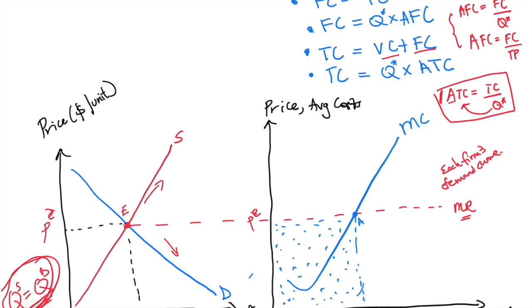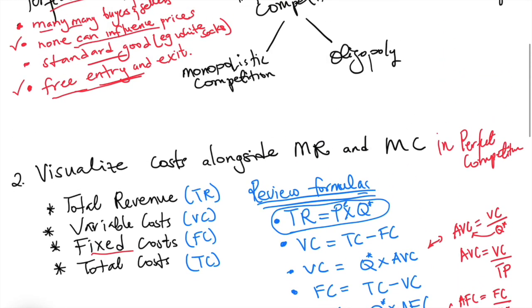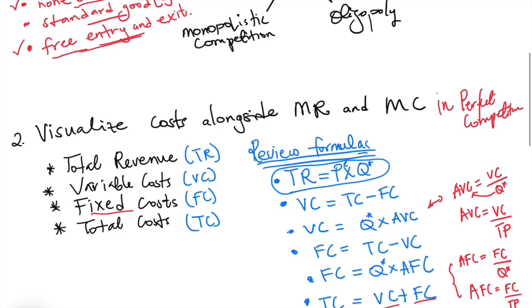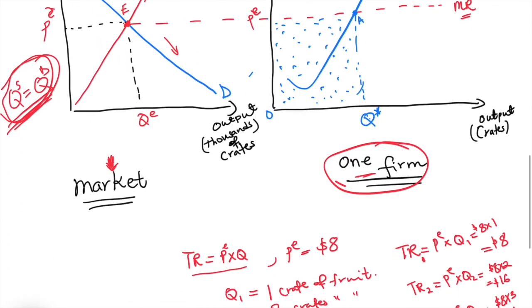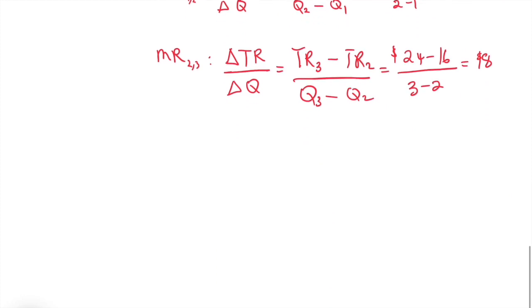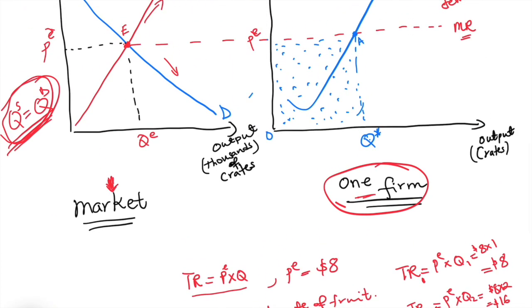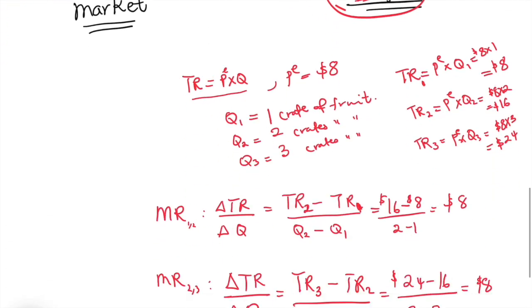Next, I will draw the average variable cost and the average total cost so that we can visualize the other costs. Okay, so let me make a small note here that total revenue is the area that goes from 0 to Q star to A to PE and down to 0.